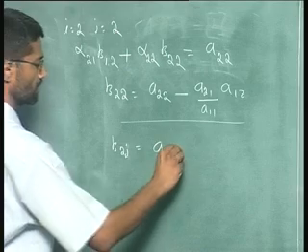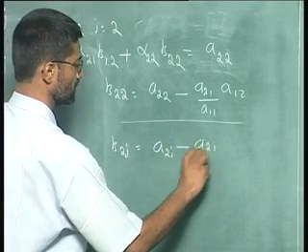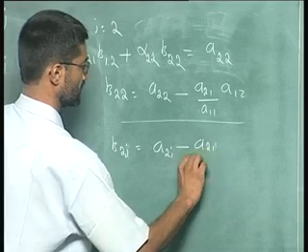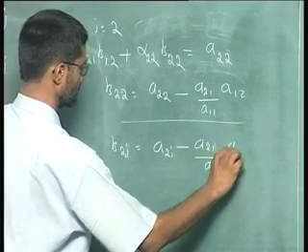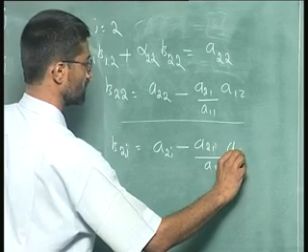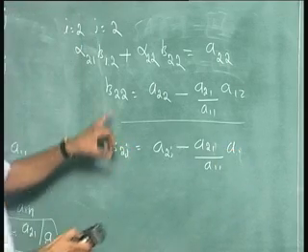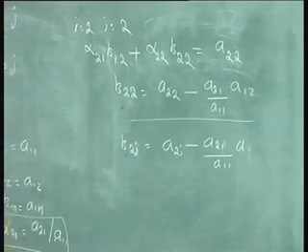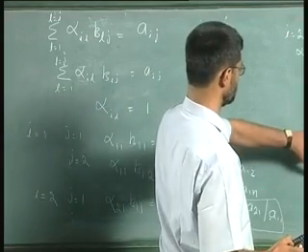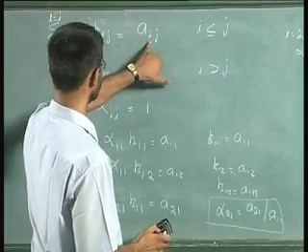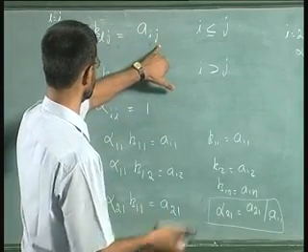So I will write the general element beta 2 j as A 2 j, that is what I would get here, because i is 2 and j is any j value.